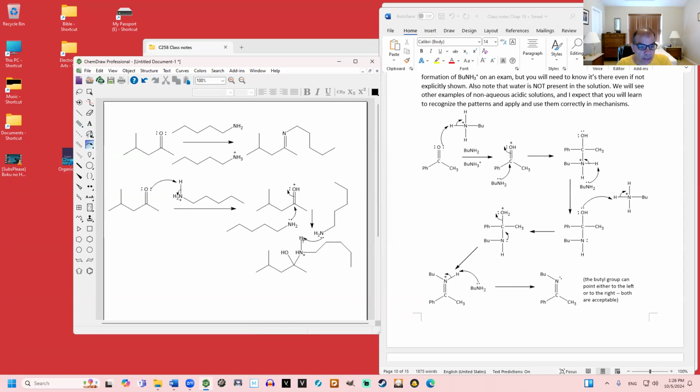So we start the electron flow at the nitrogen. We point the arrow towards the proton. Then we break the nitrogen-hydrogen bond and put the electrons back onto nitrogen. That gives us this intermediate.